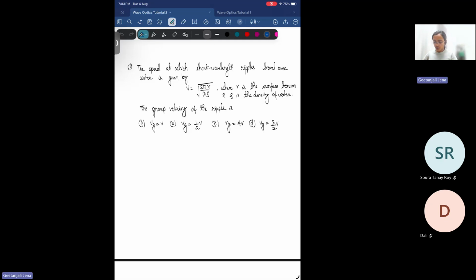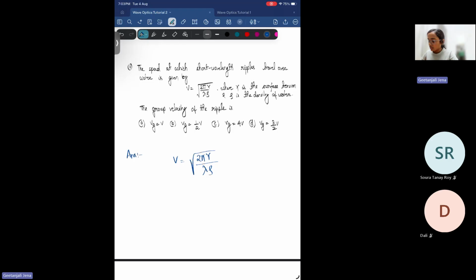Okay. So the first question is the speed at which short wavelength ripples travel over the water. It is given by the square root of 2 pi gamma over lambda rho. So gamma is the surface tension, rho is the density. These are constant.